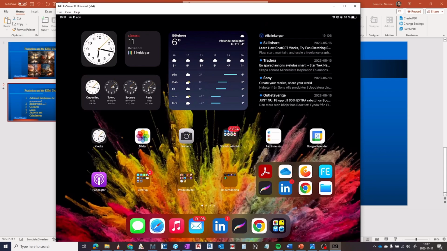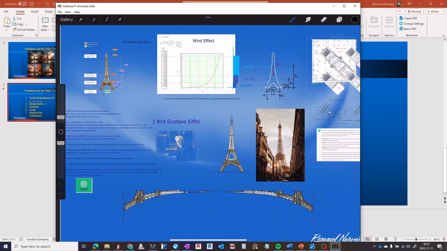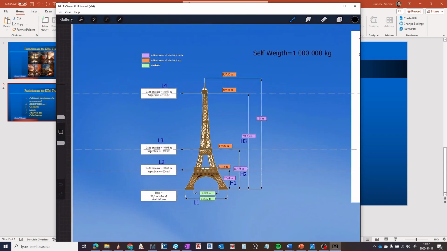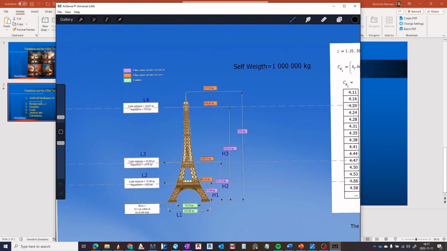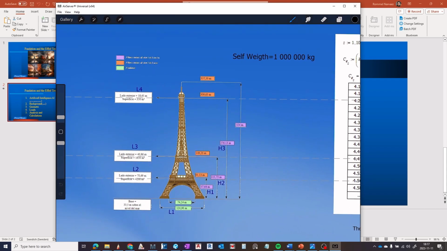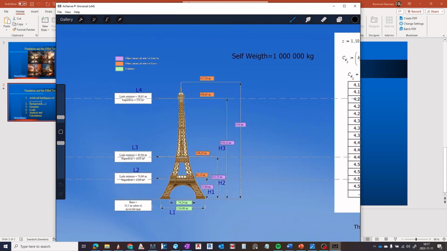I use the Procreate application. I made this presentation in Procreate, so you see here the geometry of this tower.